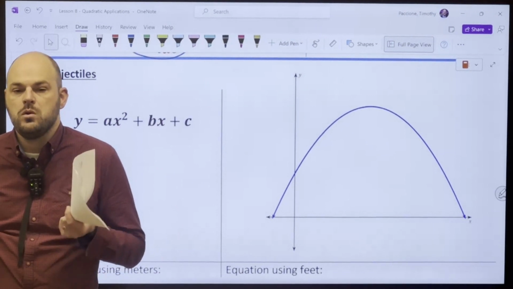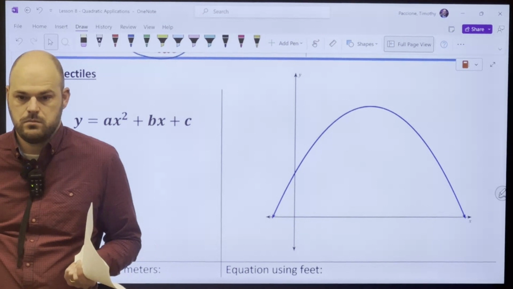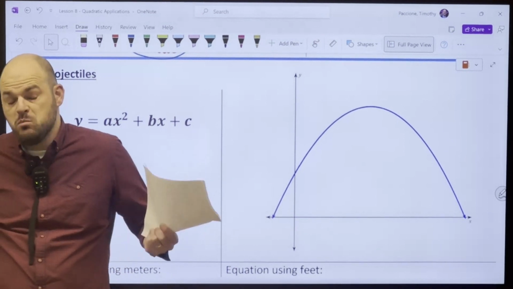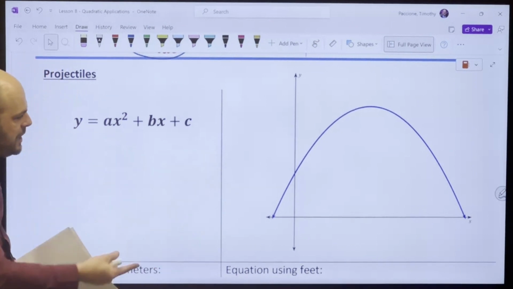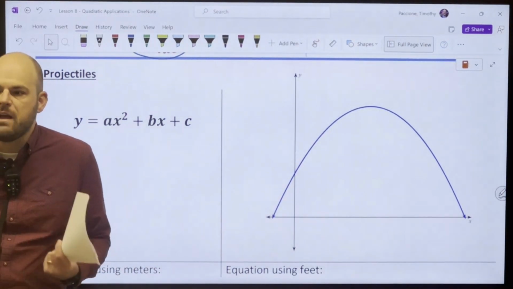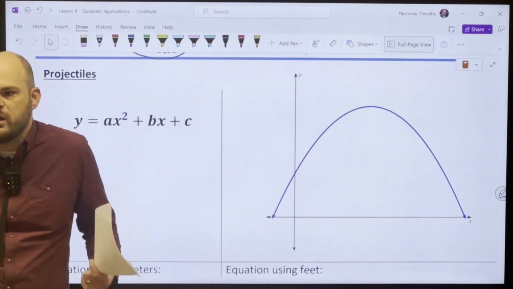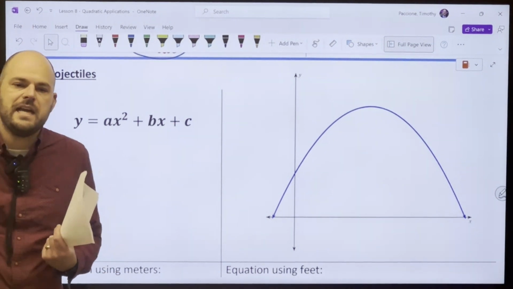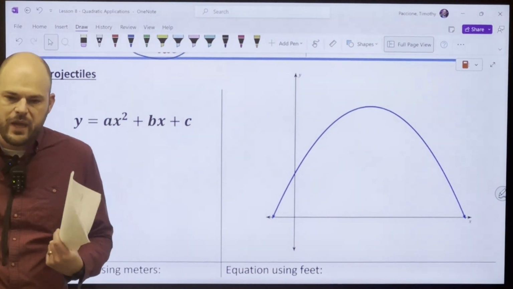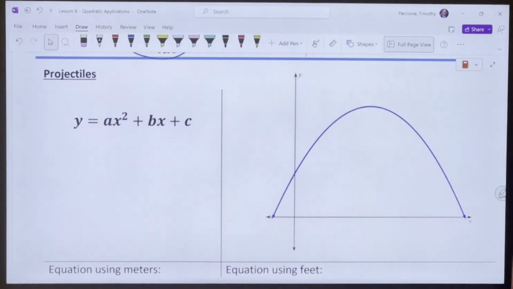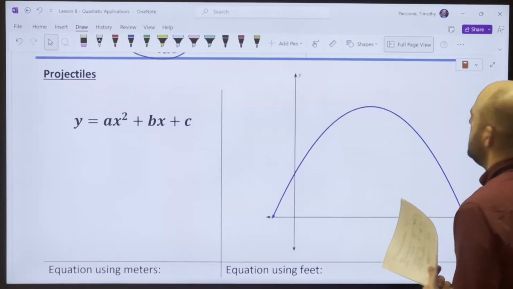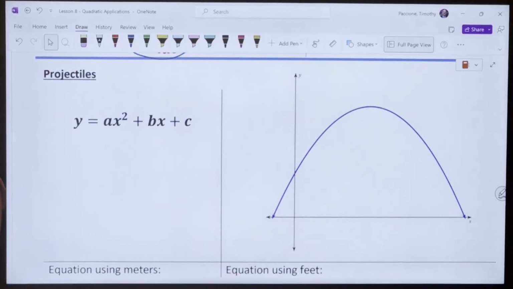What do you think they use? It's much more complicated than what we're about to do, but they use the analysis of projectiles, and in some cases a quadratic formula, unless there are other factors, to analyze that path, so they can plan and adjust. Okay, so we're going to talk about that.